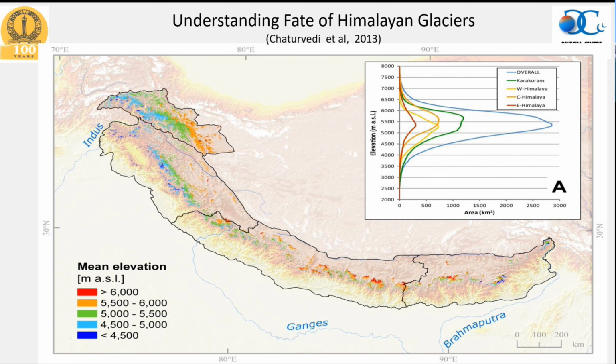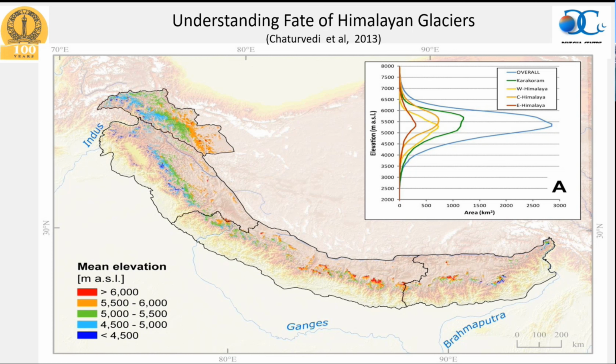So one thing I wanted to bring to your notice is to look into this elevation versus area graph. You see this is for all glaciers in the Himalayas, particularly Eastern Himalaya, Central Himalaya, Western Himalaya, and Karakoram.